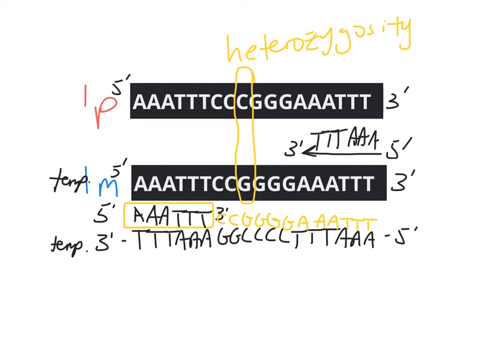It just so happens, in this case, that those two primer sequences we just created are identical. Right? This primer was AAATTT, and that primer is AAATTT. That's totally by chance. That will not always happen. Normally the two primers will have totally different sequences.